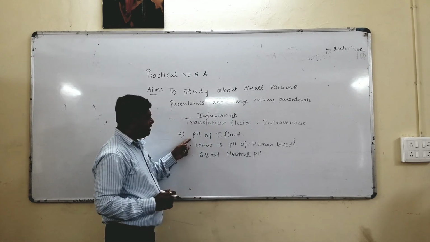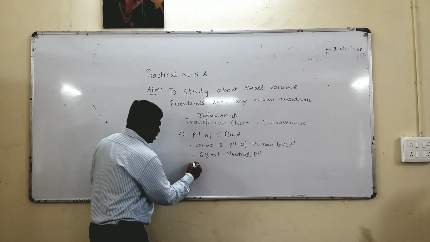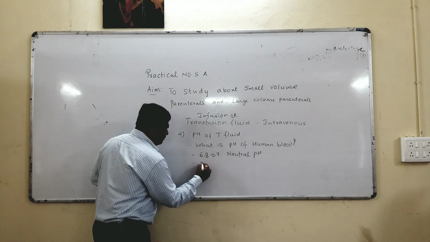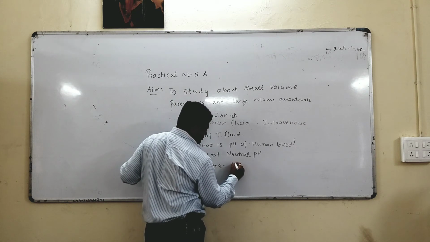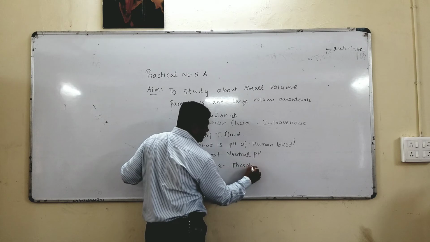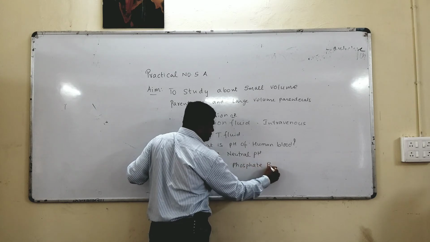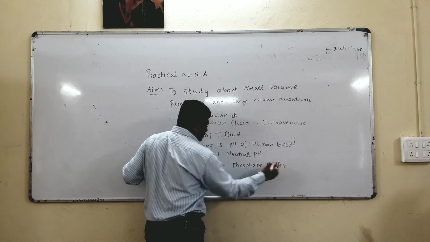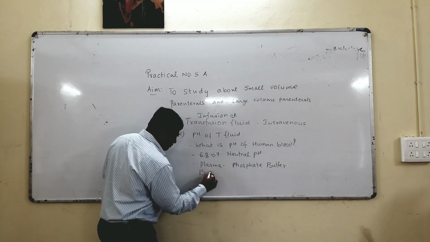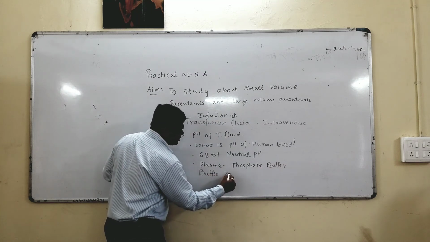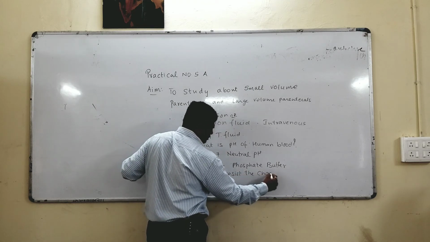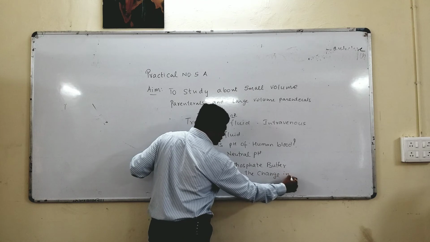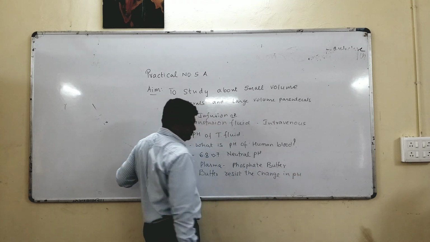Generally our plasma possesses a phosphate buffer. What is the purpose of a buffer? A buffer resists the change in pH of blood.